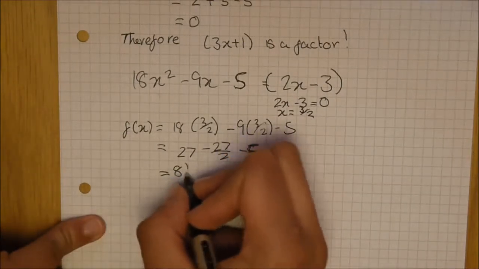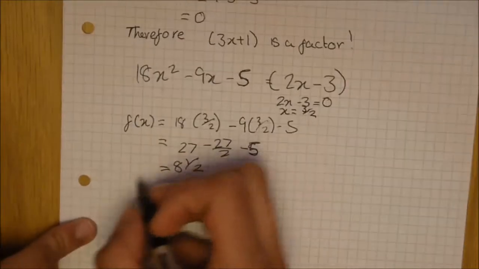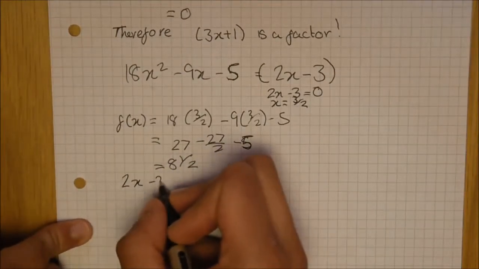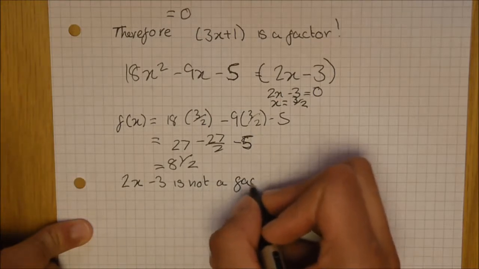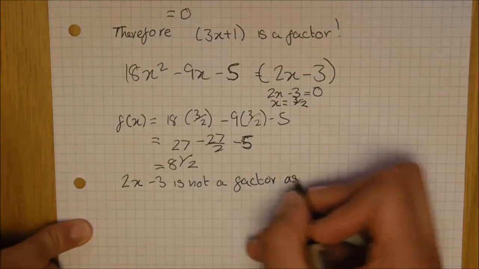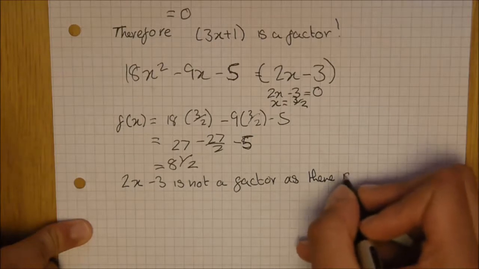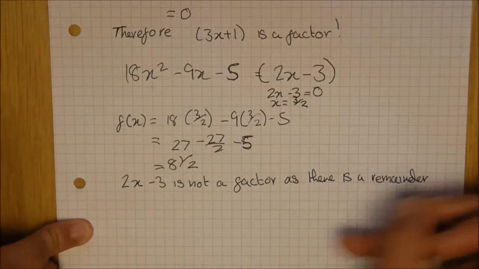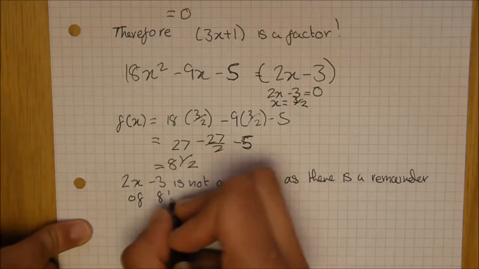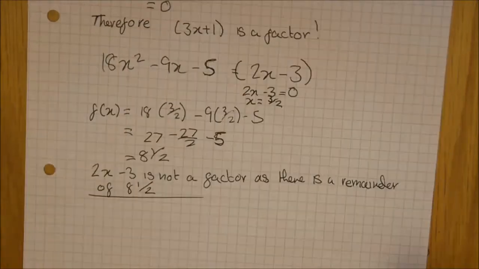Equals 8.5. Therefore we know that 2x minus 3 is not a factor, as there is a remainder of 8.5.